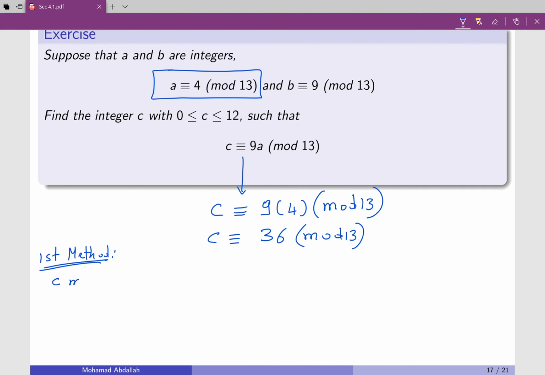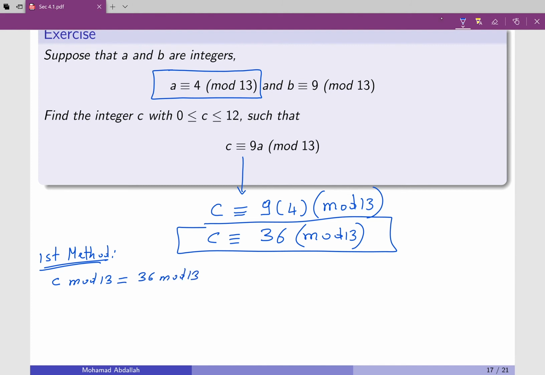I can say that C mod 13, because I want C to be congruent to 36 mod 13, so I want C mod 13 to be equal to 36 mod 13. These two are equivalent by a theorem we proved.